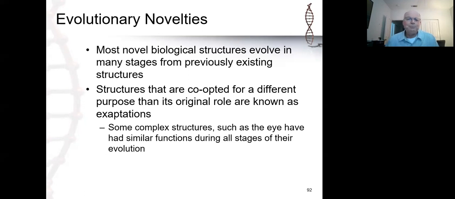And the eye has been the great example, because if you look at a mammalian eye, it is truly complex. It has a light detecting membrane, we call it the retina, at the back of the eye. You have a flexible lens controlled by muscles that change its curvature to change the bending of the light.